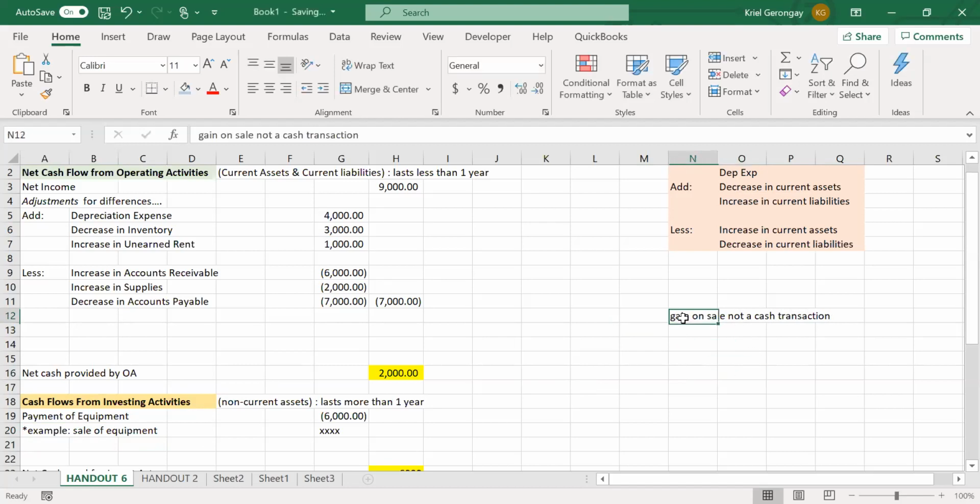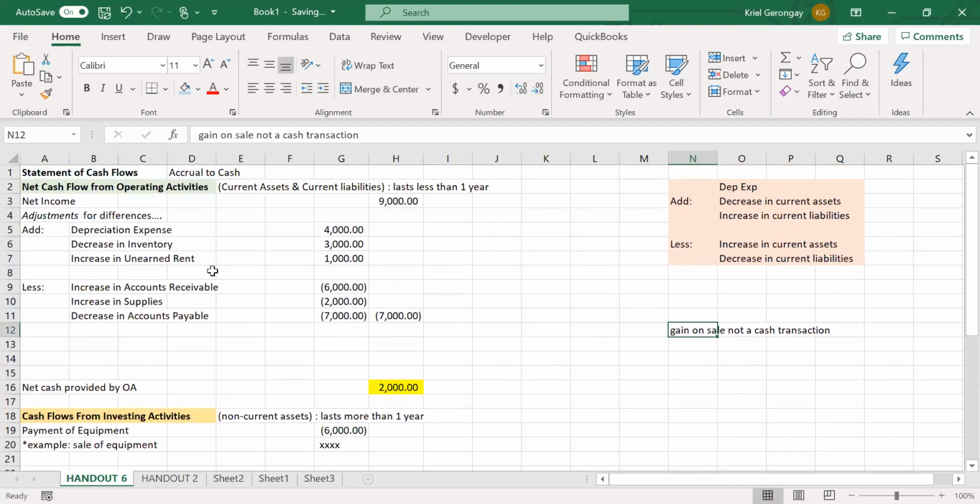this gain increases your net income, right? If you look at your income statement, this gain would increase your net income. But if we're converting from accrual to cash, we're just concerned with the cash transactions.